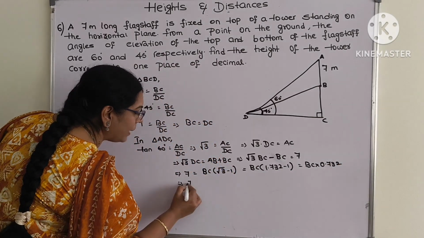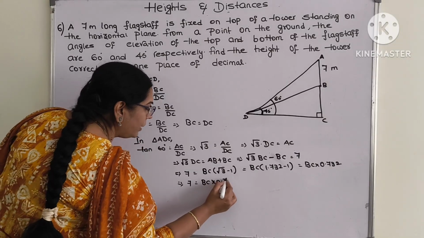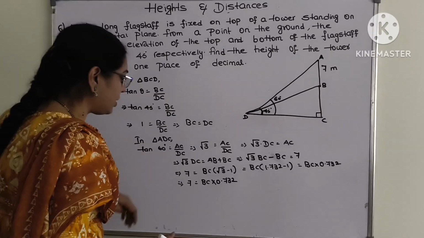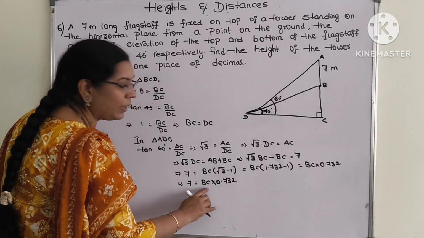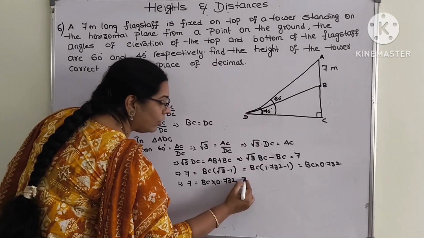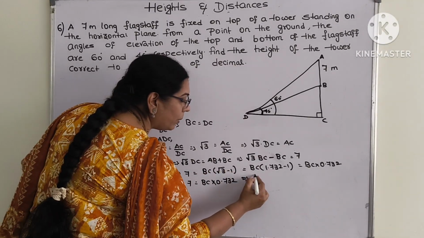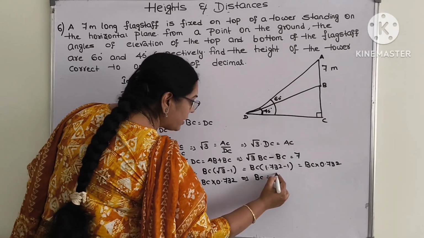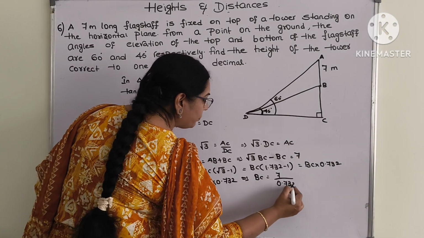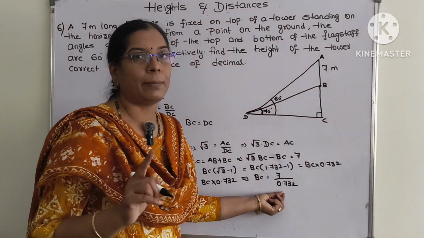So 7 is BC into 0.732. We have to find the BC value, so get the decimal to the other side. BC is equal to 7 divided by 0.732. Now look children, in the denominator I have a decimal number.